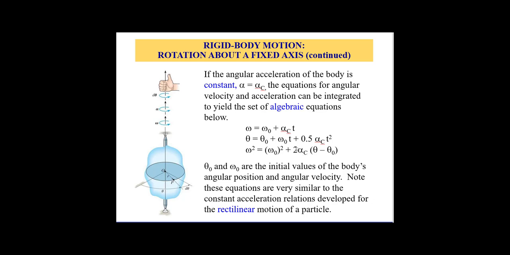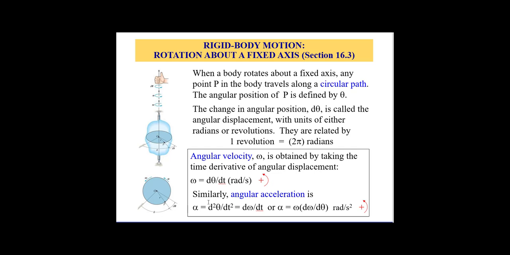So this is good to be used only when the body's angular acceleration is constant. If it's not constant, then go back to the definition and do the simple integration of both sides. So for example, if omega is a function of time, to get the relation between theta and omega, you integrate both sides. And this is how we got the equation.